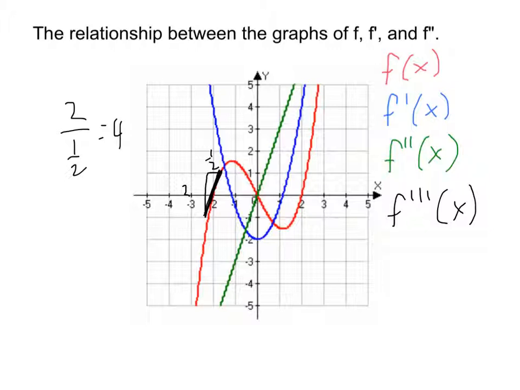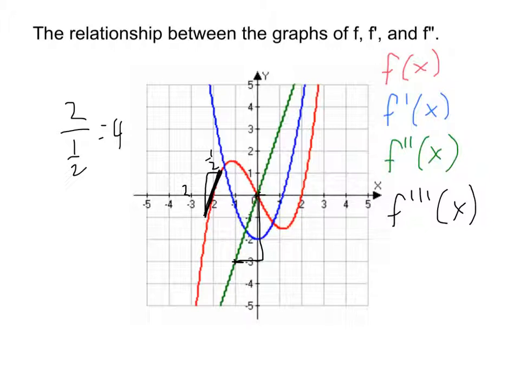Okay, for me, I would go, okay, this is a straight line. It has a constant slope. So from here up to here, that looks like it's going over 1 up 3, so that has a positive slope of 3.